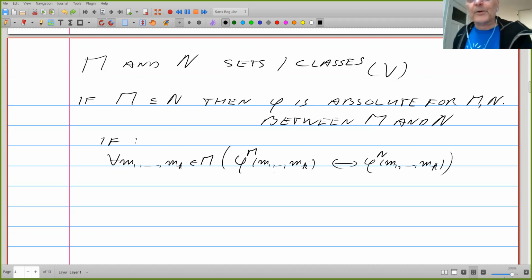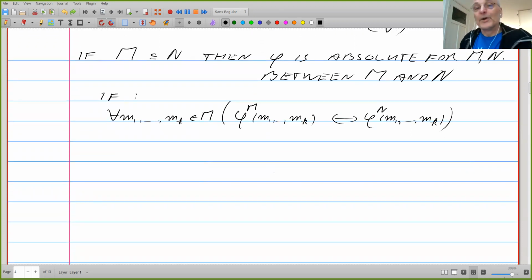You can also, because the members of M are also members of N, take the relativized version to N and then substitute the members of M on the free positions. What you want is that those two things are equivalent. If one holds, then the other holds, and if the other holds, then the one holds.